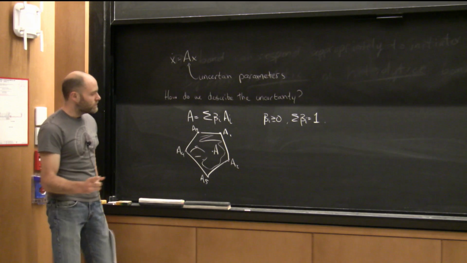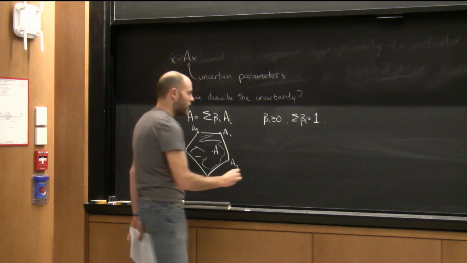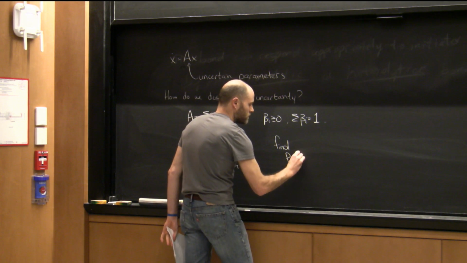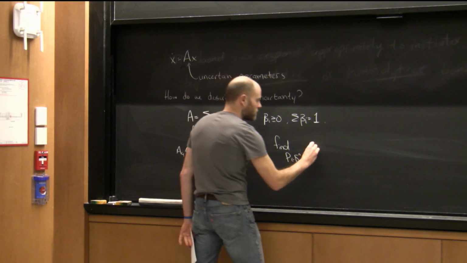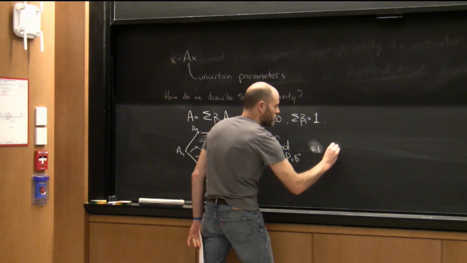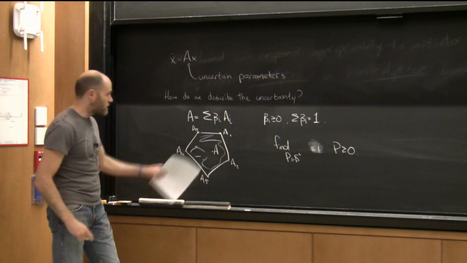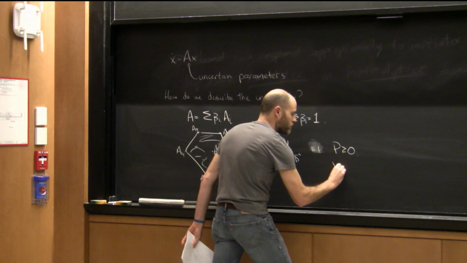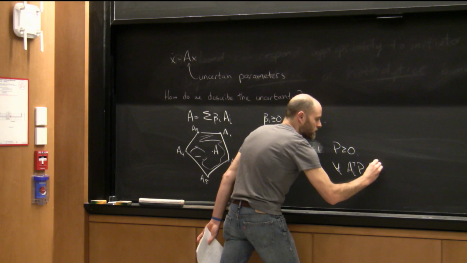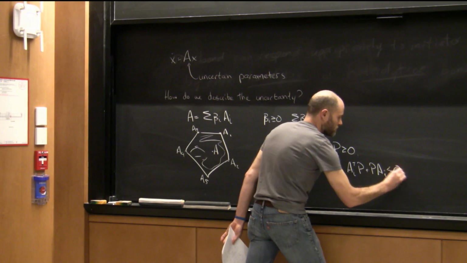So we can write the conditions that say: find me a P, subject to P greater than or equal to 0, and for all i, A_i transpose P plus P A_i is less than or equal to 0.